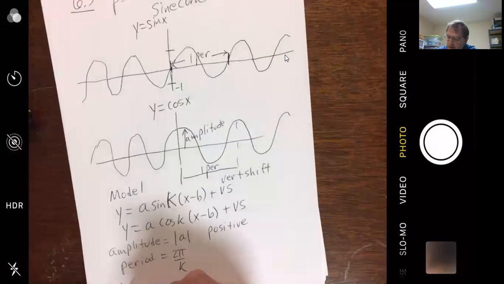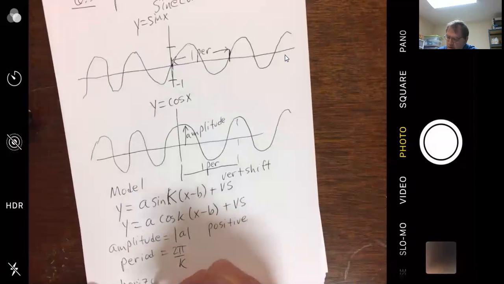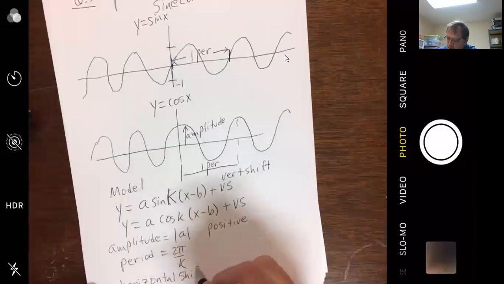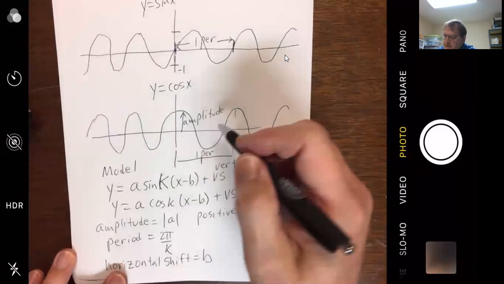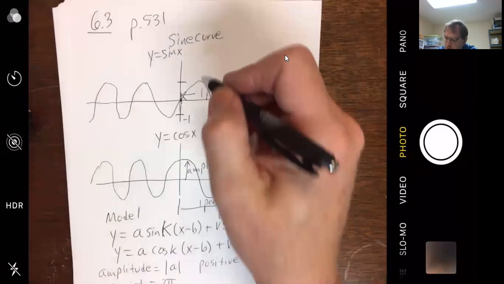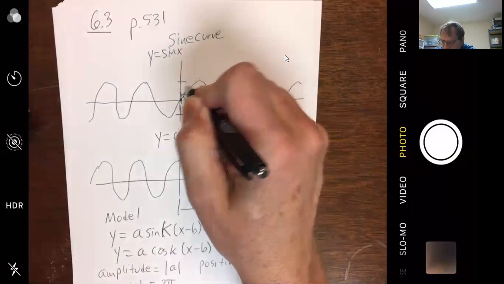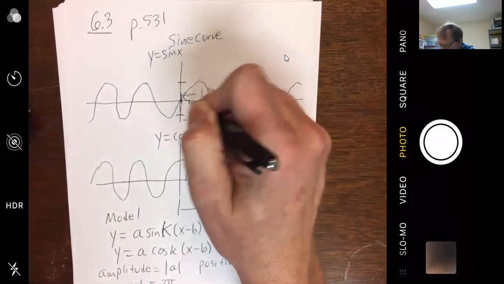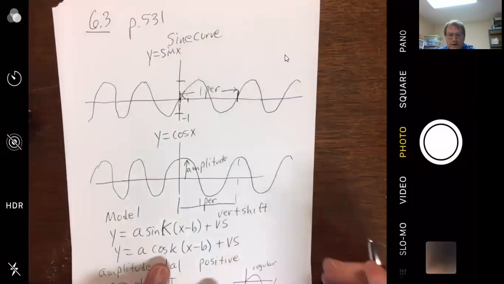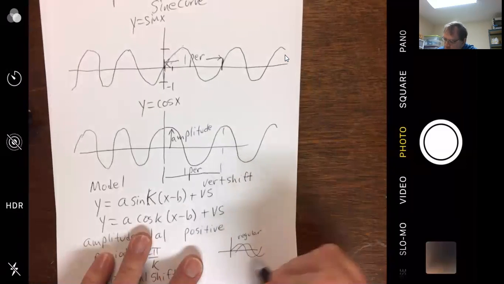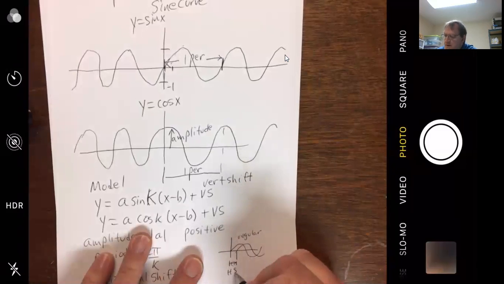The horizontal shift is equal to the b, and it basically measures how far this has been shifted. On a sine, here's the regular curve, and then if you got another one doing this, this little distance here is your horizontal shift.